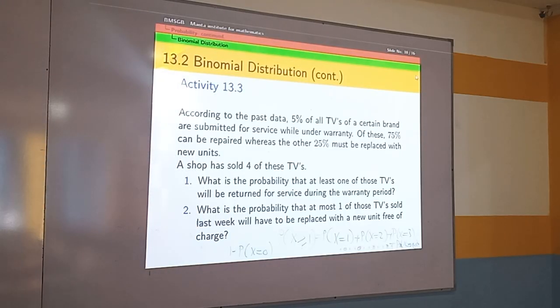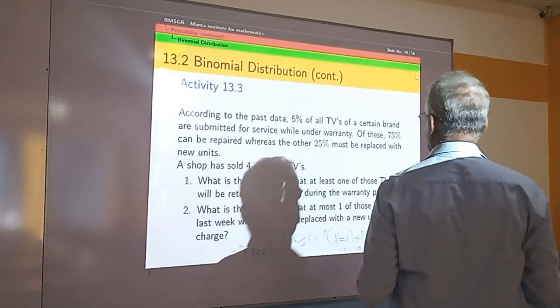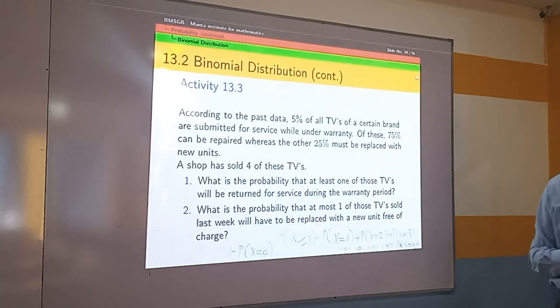So, out of those TVs returned for service, 25% are going to be replaced. Therefore, for any TV, the probability that it will have to be replaced is equal to 0.05 times 0.25.